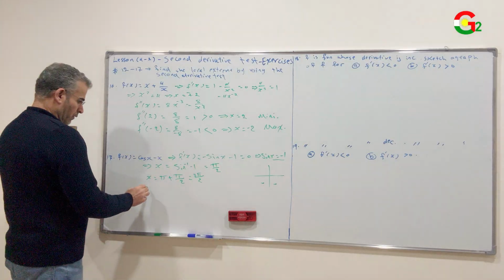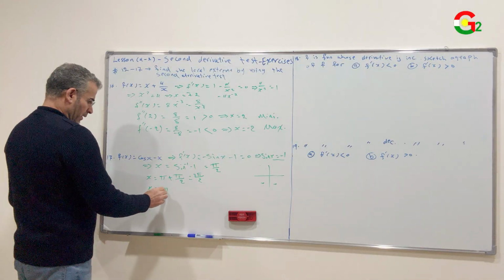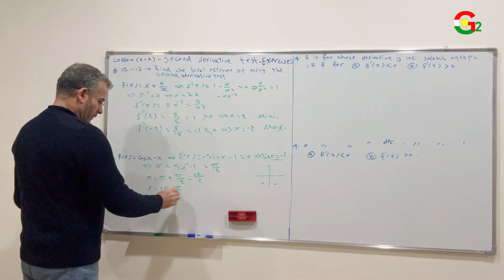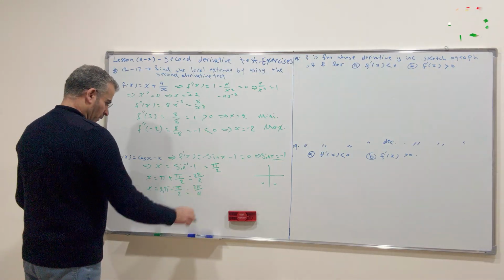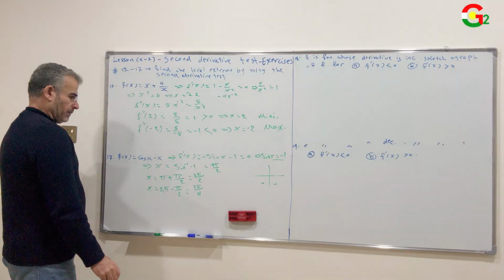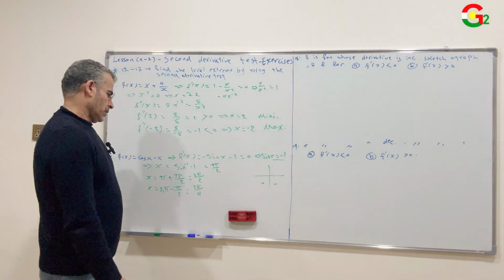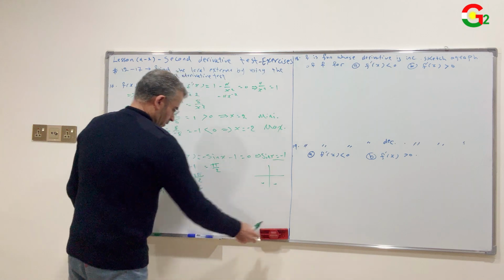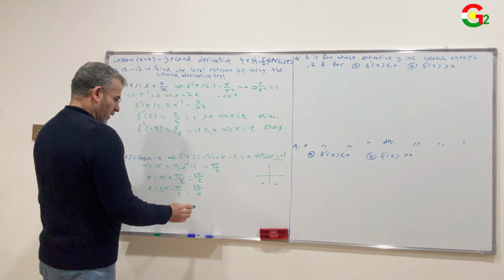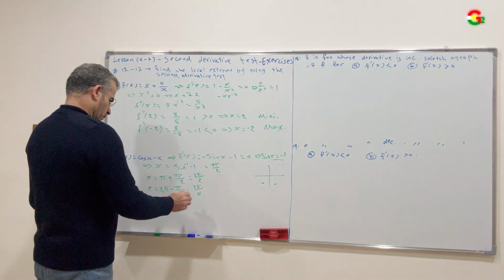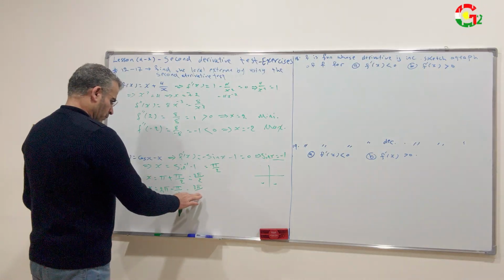In quarter 4, x equals 2 pi minus pi over 2, equal to 3 pi over 2. So the critical point is 3 pi over 2.